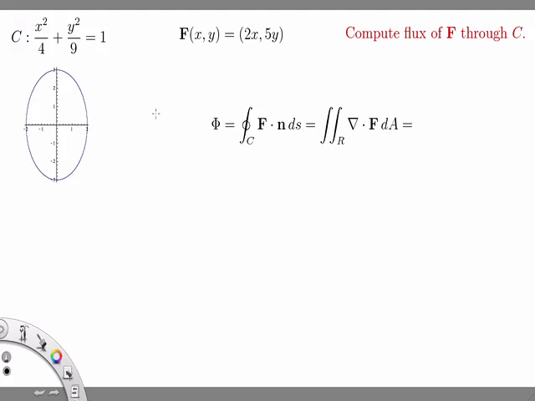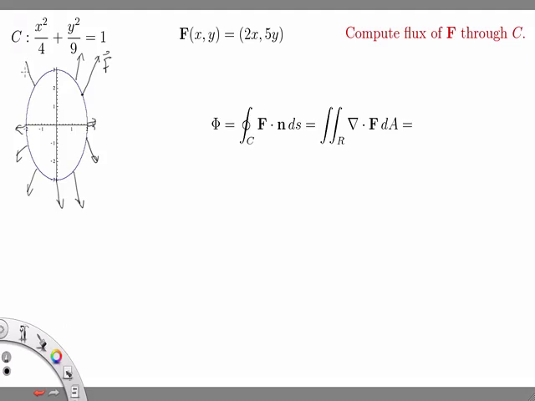Now, the strict definition of the flux, and we usually use phi for flux, is the integral over C of F dot n ds. So, for instance, F is this vector field, and so at each point we have this vector F, and we could draw these vectors for each point on the curve.